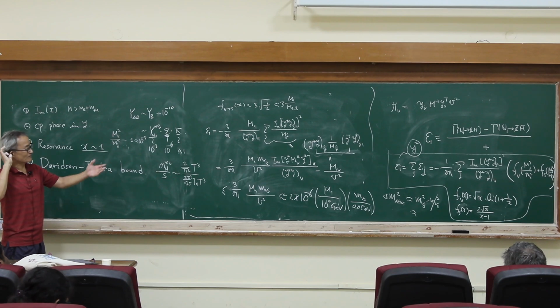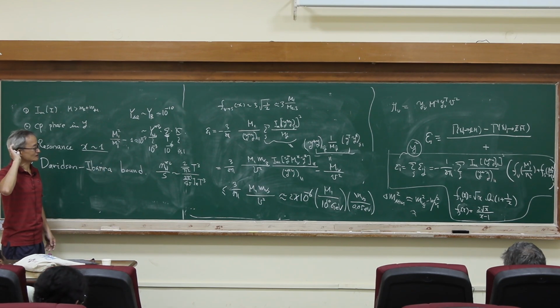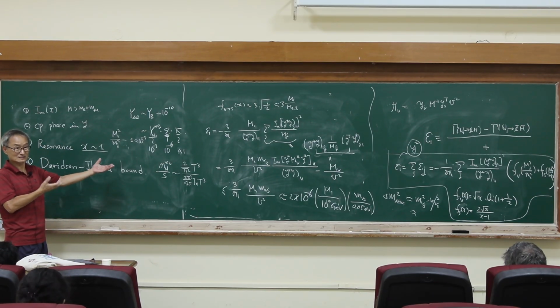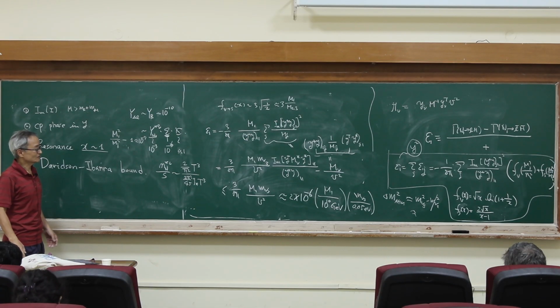So if M1 should be larger than 10 to the 10 GeV, that means if you think of some cosmology and inflation, the reheat temperature of the universe should also be larger than 10 to the 10 GeV to get this thermal leptogenesis scenario.